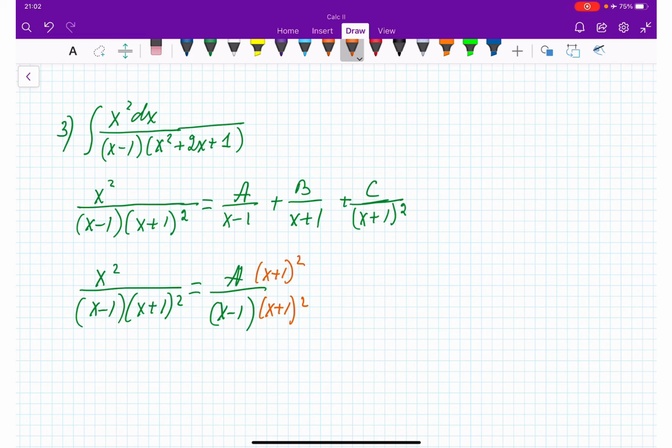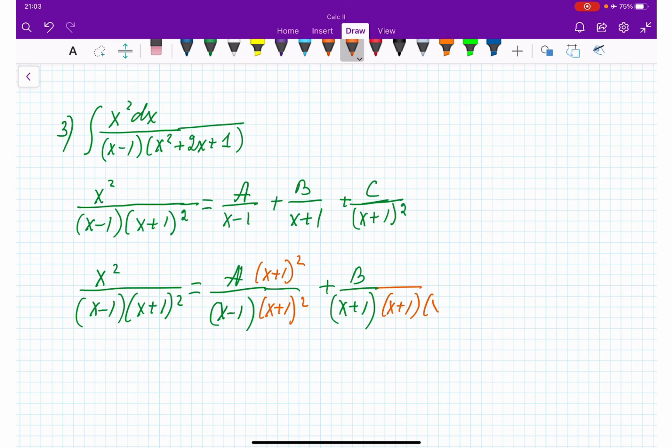Next, plus b over x plus 1. So out of x plus 1 squared, I will need only x plus 1, only degree 1, because 1 degree is there. I already have it.